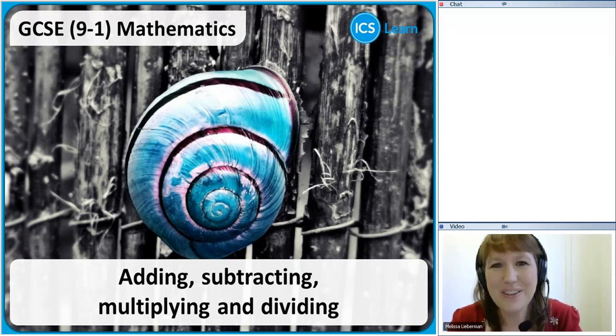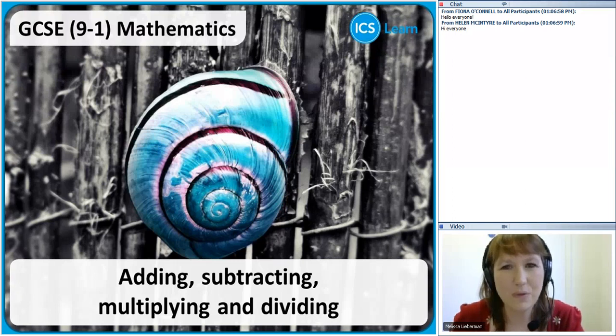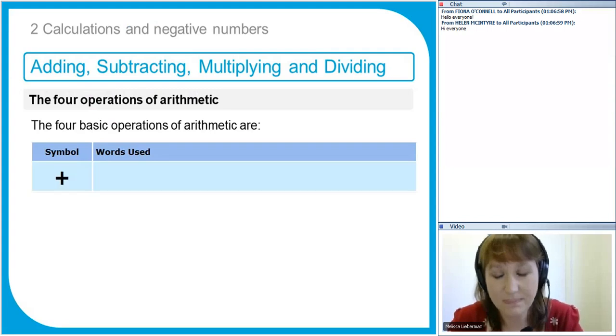So first of all, the four operations, we call them, of arithmetic: adding, subtracting, multiplying and dividing. So these are the things that you will have learnt probably as a very young child from the very first days of learning maths. And they really form the basis of all arithmetic that you will do. So the four basic operations then are addition.